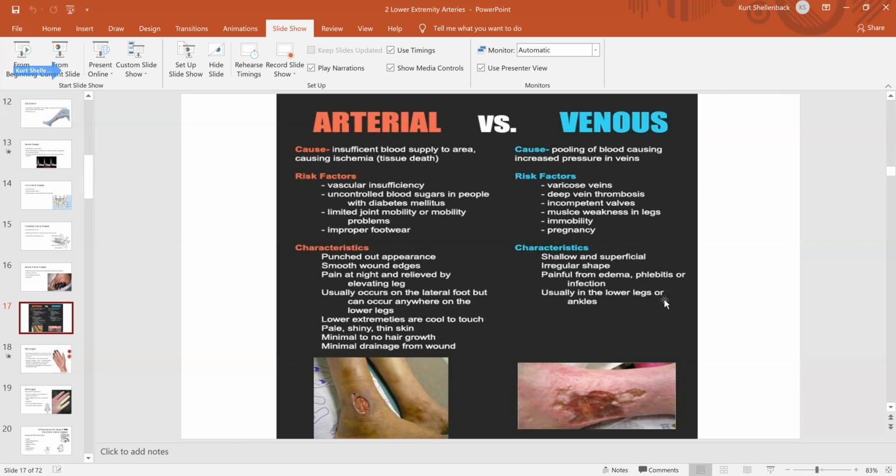The wounds are shallow and superficial, irregular shaped, painful from edema, phlebitis, or infection, just all over the lower legs and ankles. Ugh.